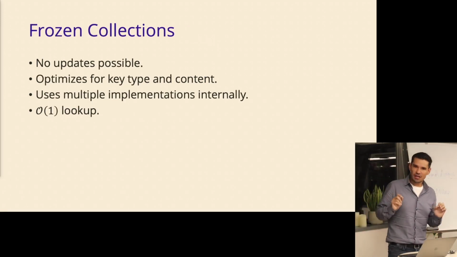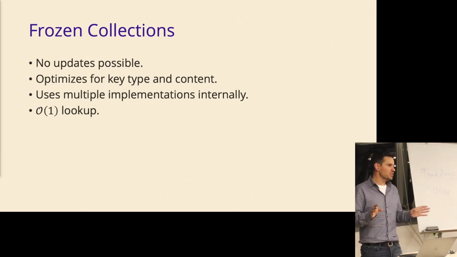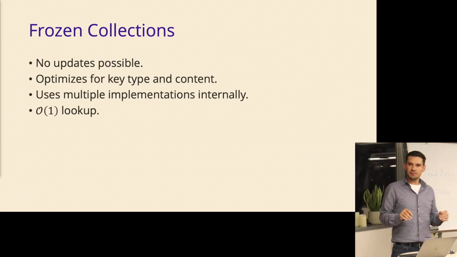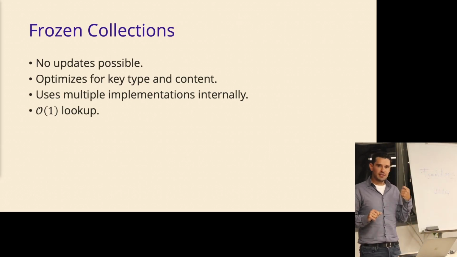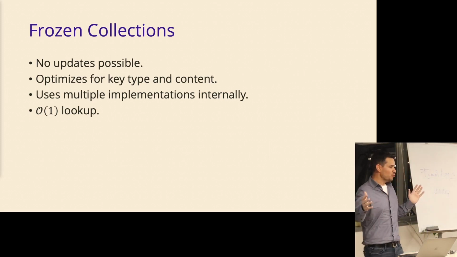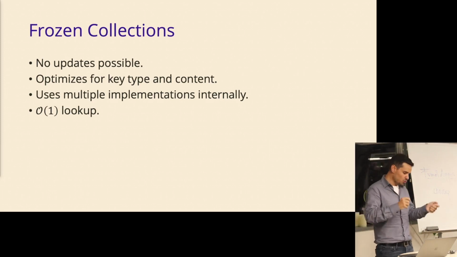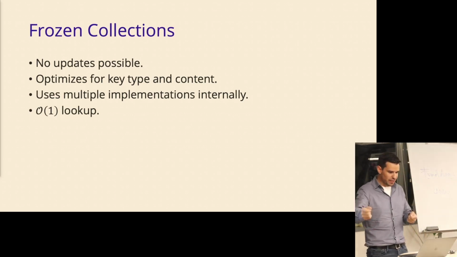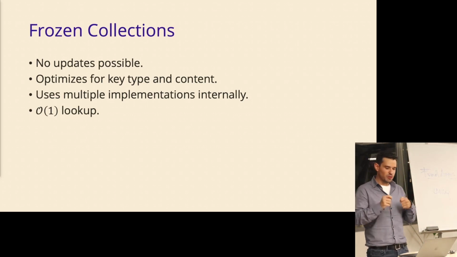Frozen collections sacrifice the ability to make updates. So you create an instance, it's got some values, that's it. You can never change it. And the trade-off for that is that it absolutely optimizes for read performance. It does so by optimizing both for key type and for the actual values that are being passed to the particular collection instance. And it will do so by, at runtime, looking at the actual values and picking tailor-made implementations that are optimal for this particular data set.